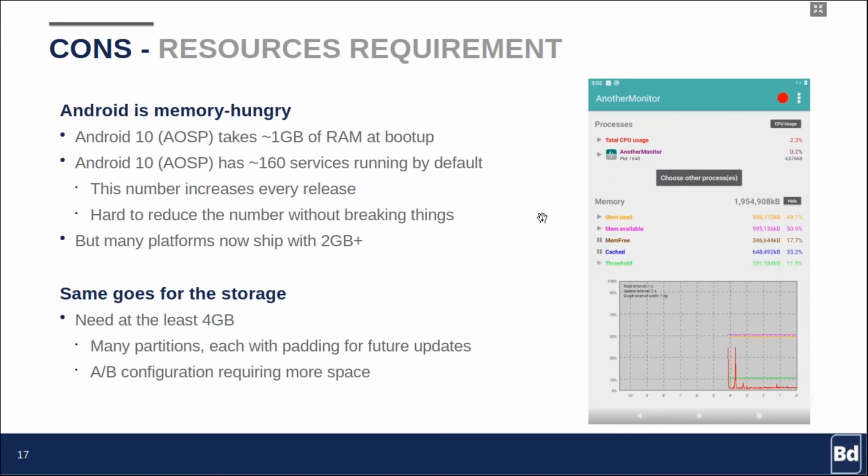So the amount of RAM is something to consider, but it can be not as important because, for instance, all our i.MX platforms by default ship with 2 gig of RAM, which is plenty of RAM to run Android on. And we have the same thing about the storage. If you try to have the tiniest storage possible, it's going to be challenging, as you need at least 4 gig, and we really recommend 8 gig. 8 gig and above is what we recommend to use Android.